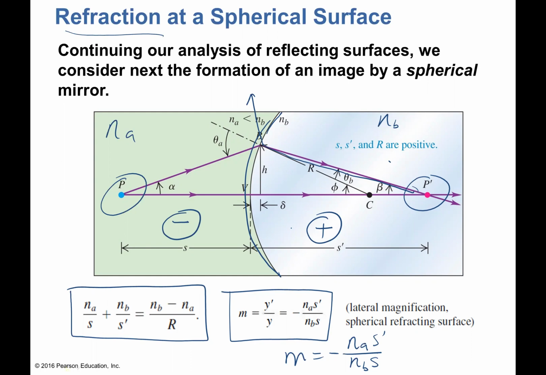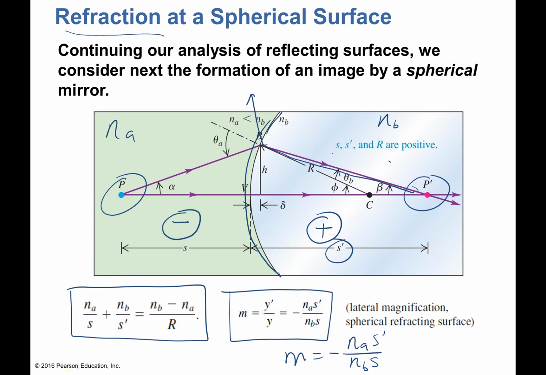then what we do is take the back of this surface to be the positive side. That means, for example, if P prime is the image position, then s prime here is the image distance.